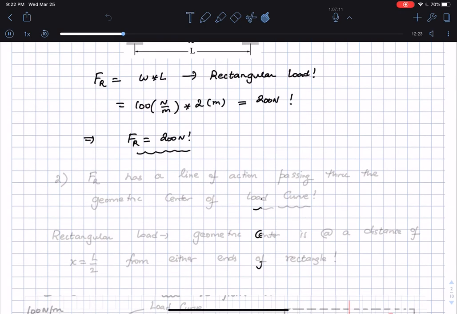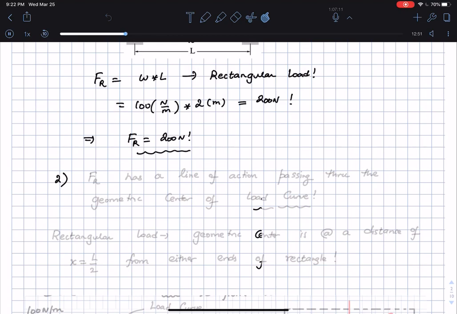So we have already found out what the value of this equivalent force is, and the next step is, I have this equivalent force, then I need to know where it is going to be acting, and that is the next key step. These are all things that can be proved if you look at your textbook on uniform load distributions, typically in a chapter where they do rigid bodies, 2D and 3D. You can see that they have actually proved these results.